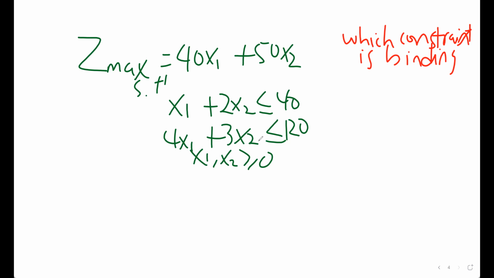What is a binding constraint? Okay, so two more things. A binding constraint is where that constraint has no positive slack. Okay, so a binding constraint is a constraint that has a zero slack.